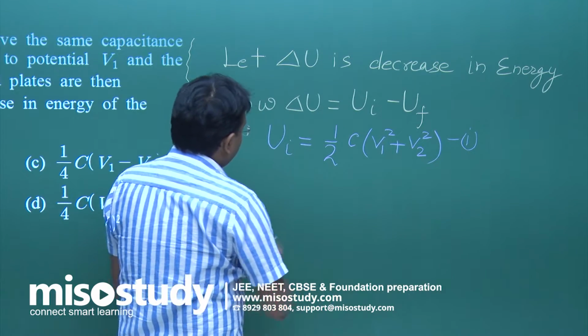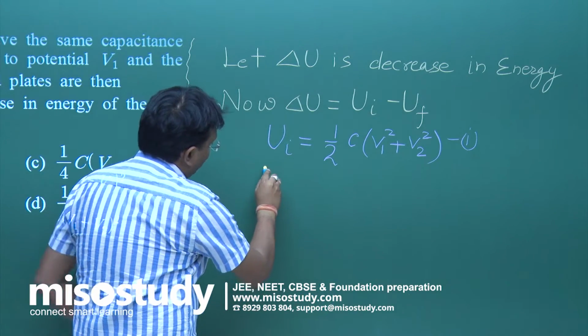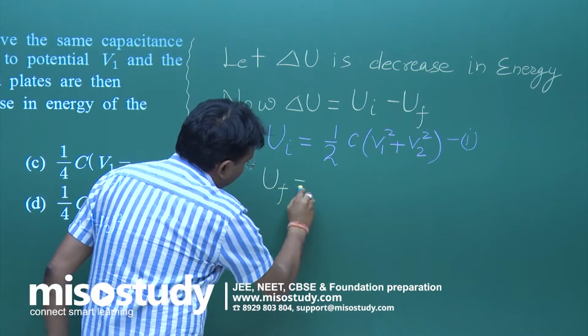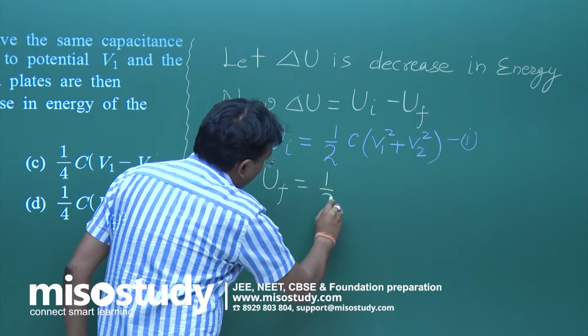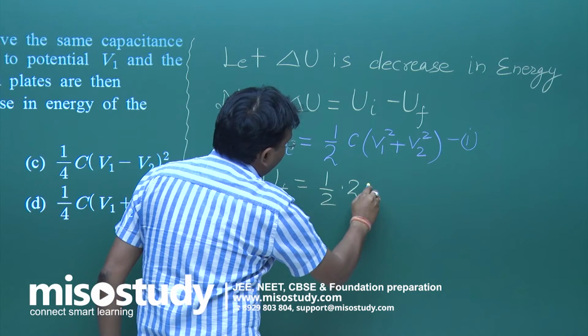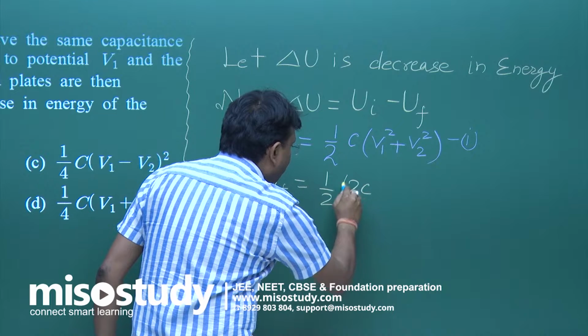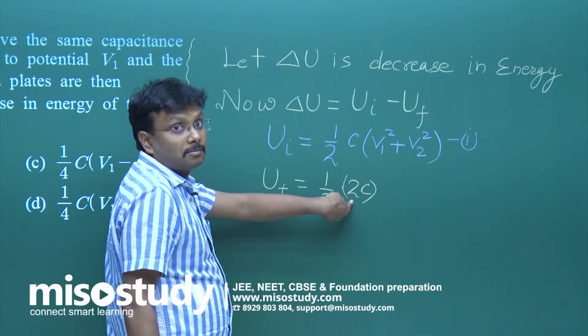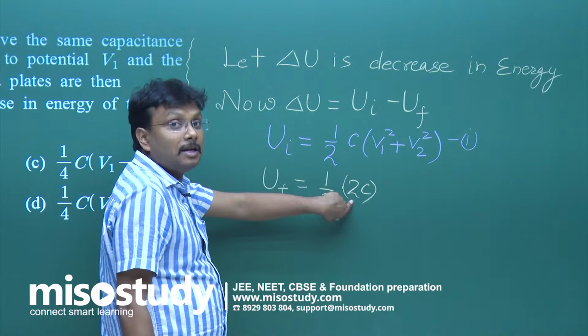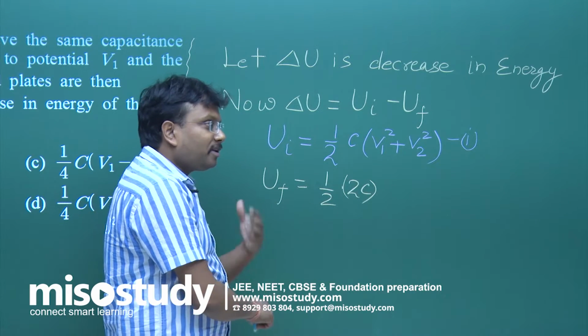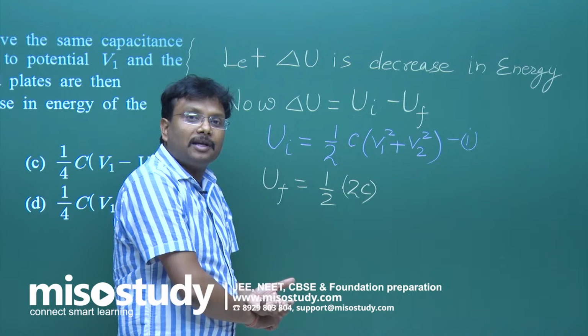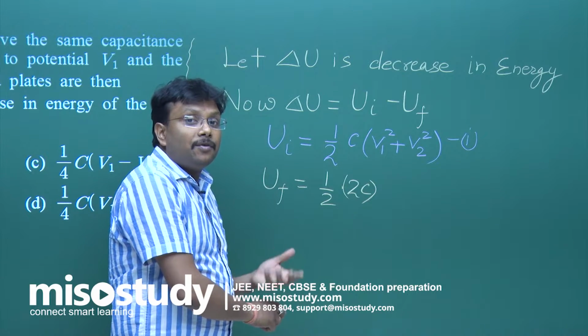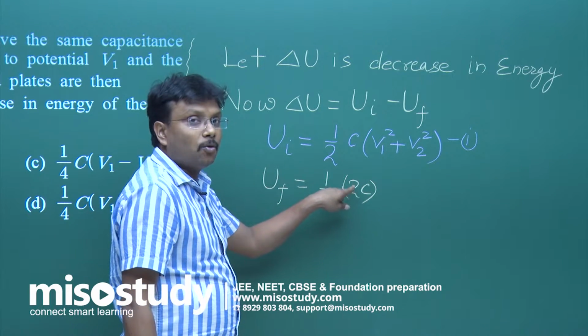Now the final energy, U final, is equal to half into 2C. The answer to my question is hidden in this bracket, and that is why I am specifically mentioning it. What is the meaning of connecting positive charge plates or negative charge plates? That is hidden over here.